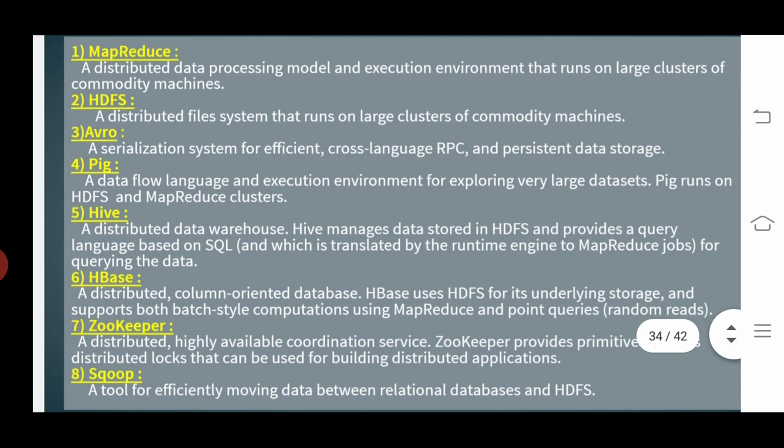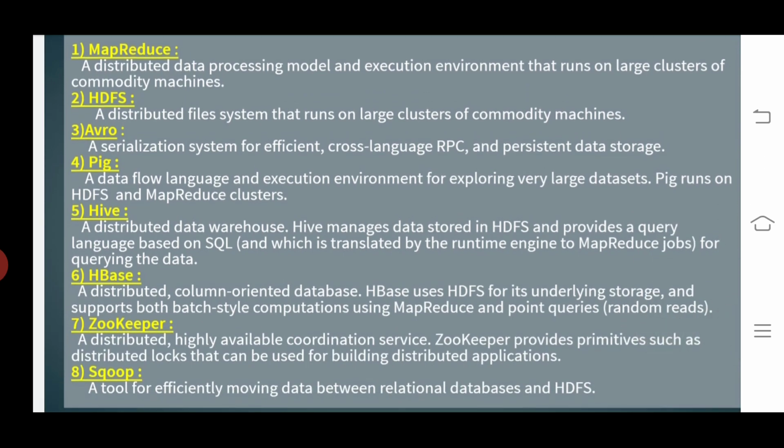First, we have to learn about MapReduce. What is MapReduce? It is nothing but a data processing framework.